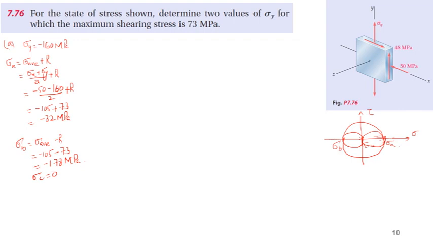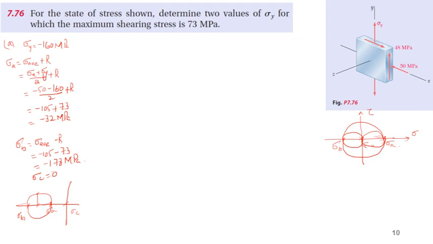Now if I draw the Mohr circle for that condition, we have sigma A and sigma B over here, and obviously sigma C is 0. The circle between A and B is the in-plane shear stress circle.